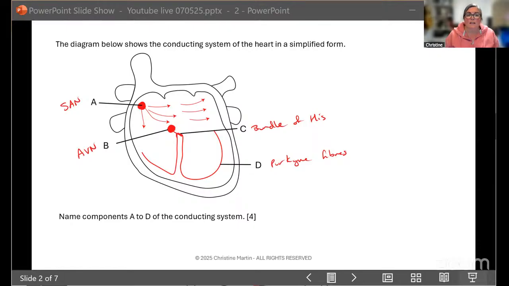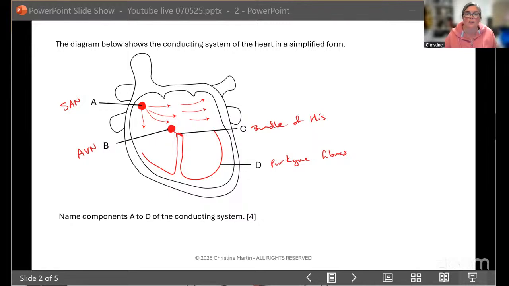So when you're looking at this, that's what you want to be able to see: do you know the different parts of it? Can you actually label these? So what I want to show you, once I rub out my bits I was doing previously, is what a question might look like.